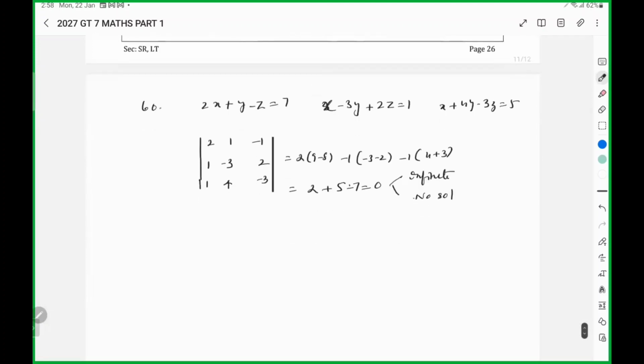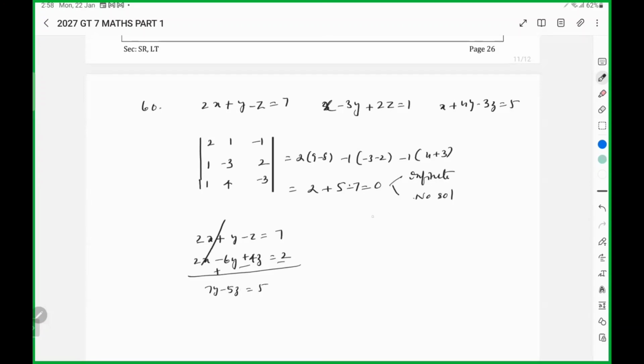So now what I suggest you is eliminate any one of the variables. 2x plus y minus z is 7. So I am eliminating x. 4z is 2. 7y minus 5z is 5.